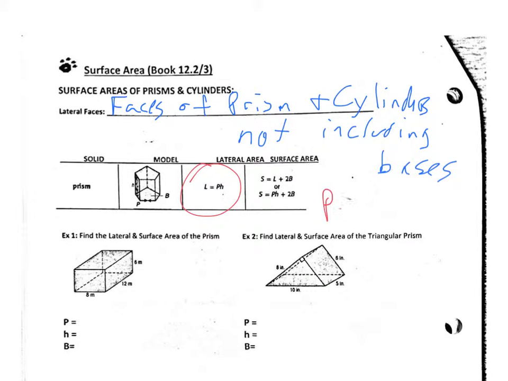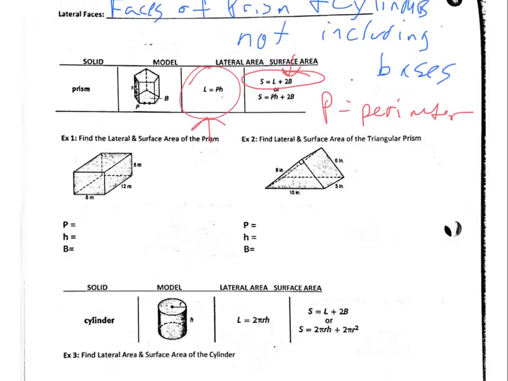Capital P is perimeter of the base. Here are the formulas for the surface area. Basically, it's just lateral area plus the area of the two bases. The surface area is the complete area of all of the surface. The lateral area is just the lateral faces.